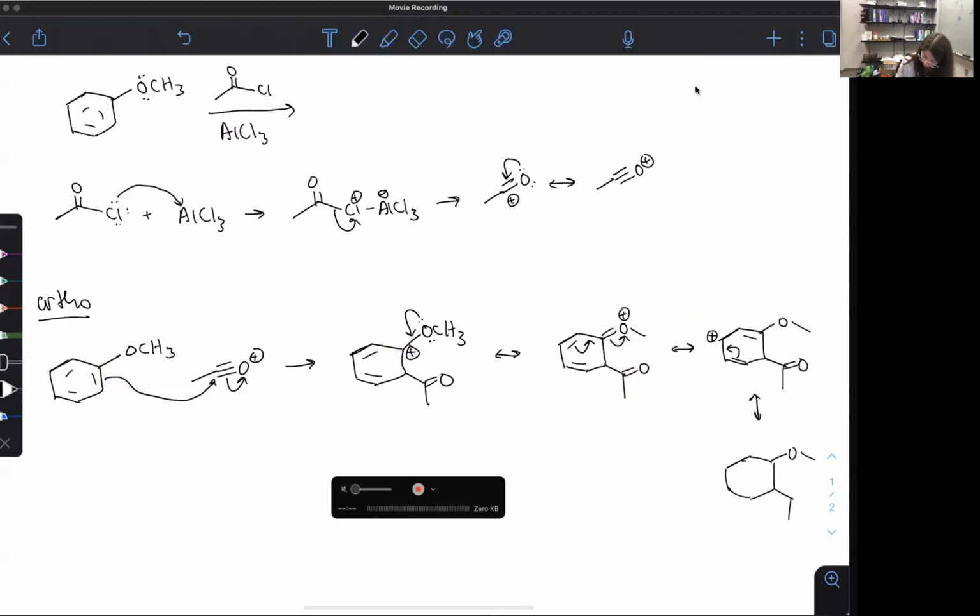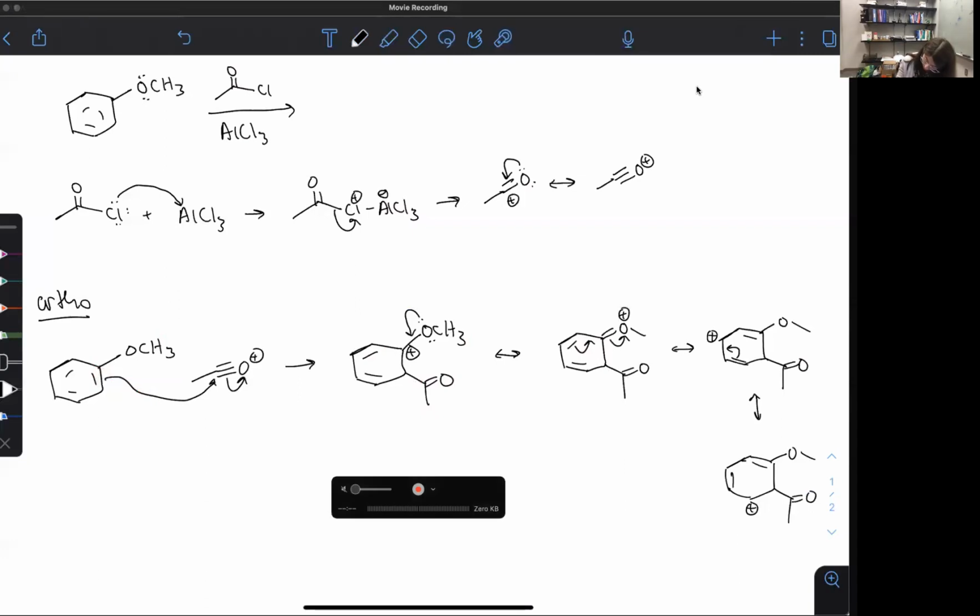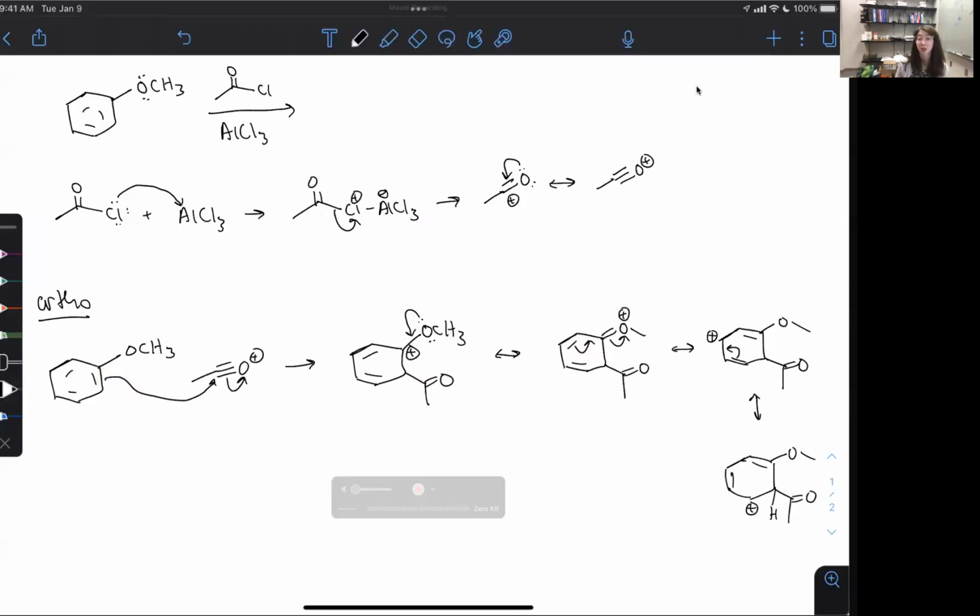It's always hard to draw on the edge of the iPad. And then I get to that carbocation over there. So not a bad little range of delocalization, pretty nice. By the time we get over here, I pretty much don't have anything else that I can do.